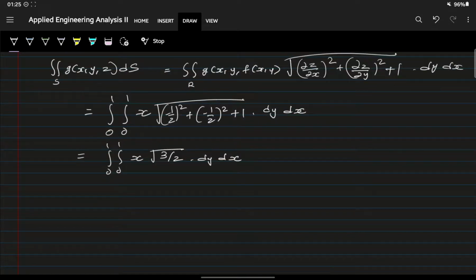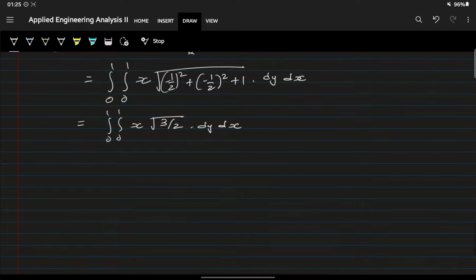Since we have x, let's try to solve this and see what we get. With respect to y, this will become y.